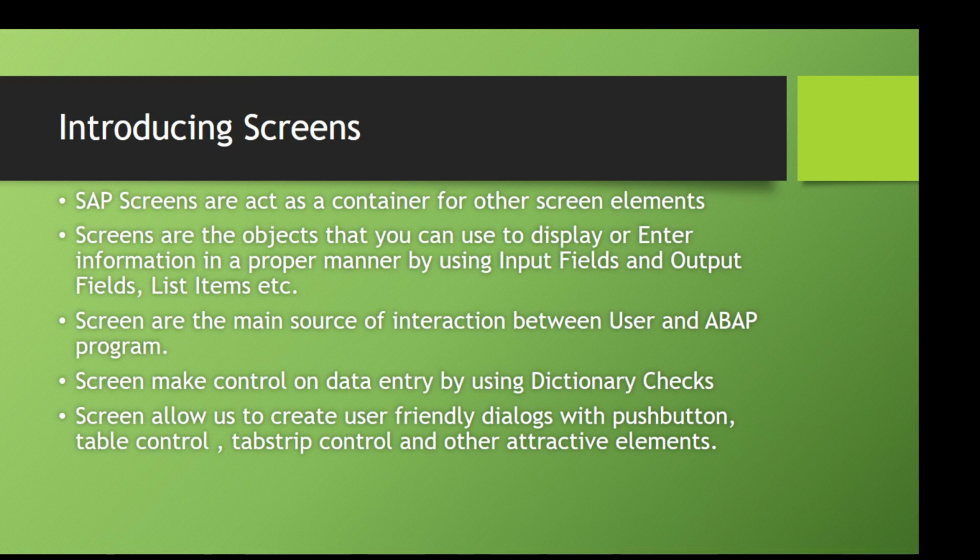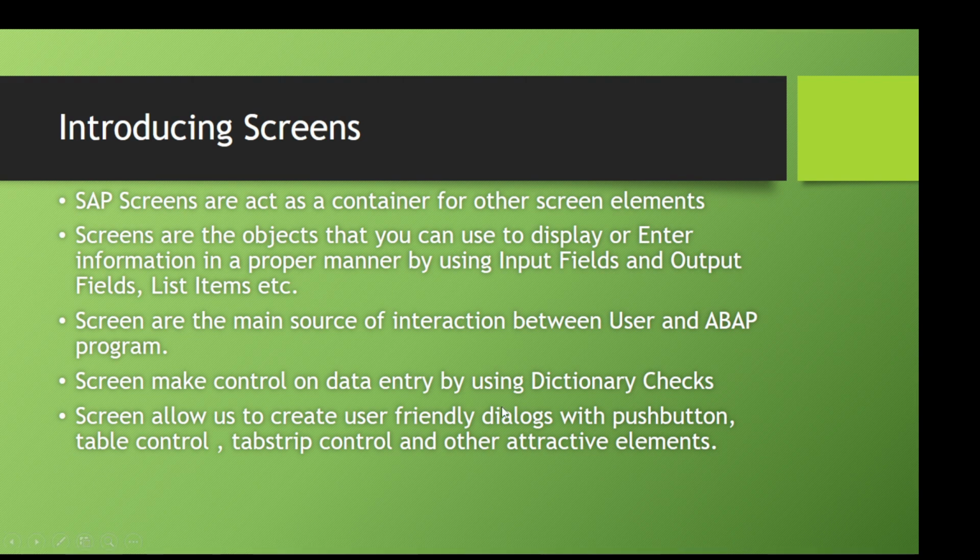After that, table control and tab strip control. We will discuss them in detail, because you may not know what table control and tab strip control are if you are a beginner. So we will discuss both of these main elements of screen programming in detail later in other videos.